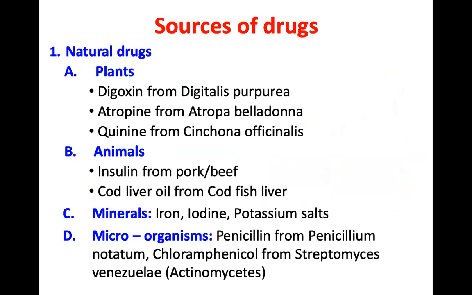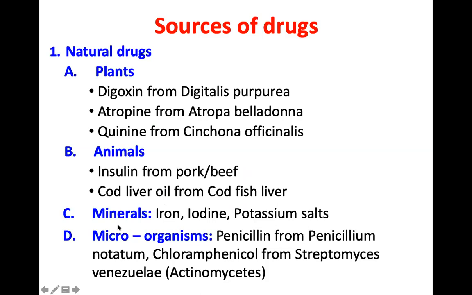So, what are the different sources from where we can derive drugs? Drugs can be naturally derived from plants, like I have told you about digoxin, atropine, and quinine. They are all plant derivatives. Then there are certain drugs which are derived from animals, like insulin from pork or beef, and cod liver oil from cod fish liver.